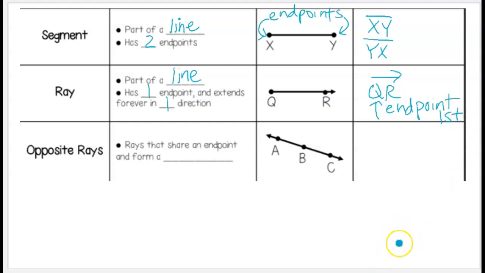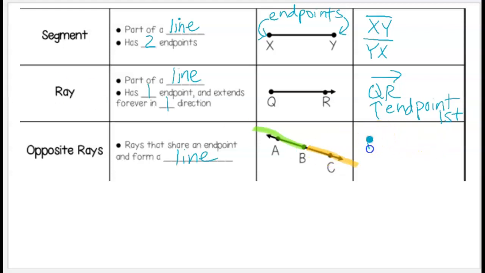All right, and then we made it to opposite rays. Opposite rays are rays that share an endpoint and form a line. So you might not see these 2 rays that we have here. We have one going this direction and another going the opposite direction. So those are the 2 rays that we're calling our opposite rays.